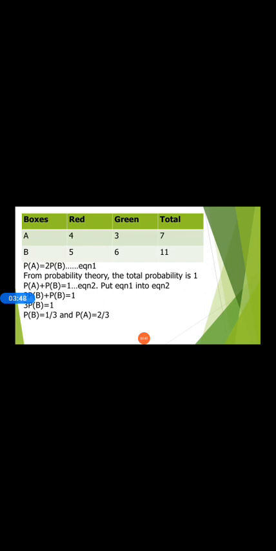The probability of picking box A plus the probability of picking box B gives us 1, and that will take us to equation 2. From there, we put equation 1 into equation 2. That means we have 2 times the probability of B plus the probability of B is 1. After solving mathematically, the probability of picking box B is a third, and the probability of picking box A is 2 out of 3.